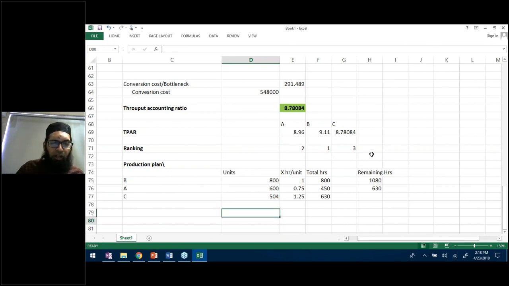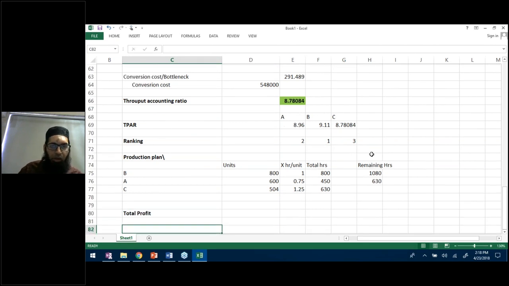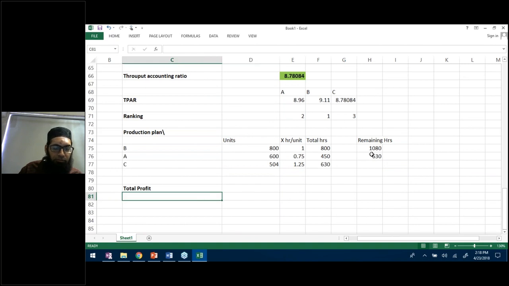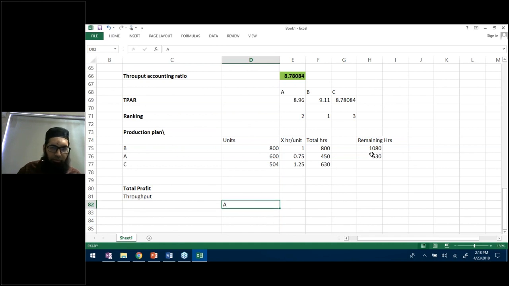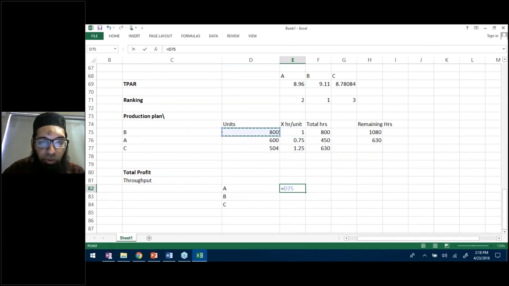Now in the question we have been asked to calculate the total profit. So we will be calculating the throughput first, the total throughput for, of course, procedure A, procedure B and procedure C. And the total throughput will be the number of units of each product.